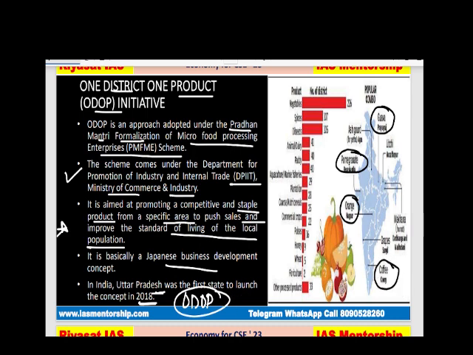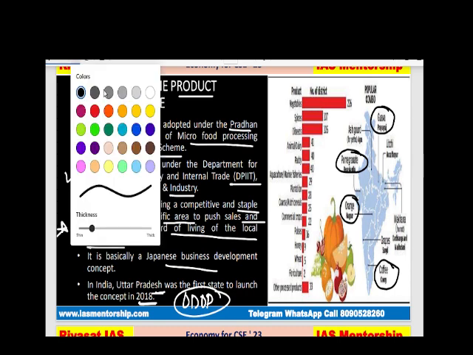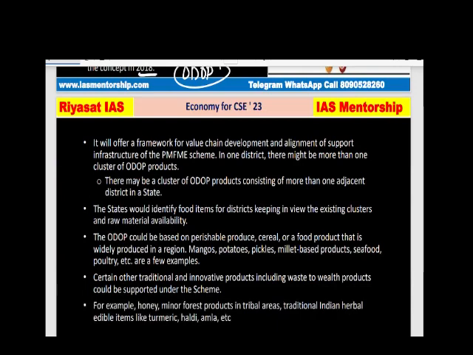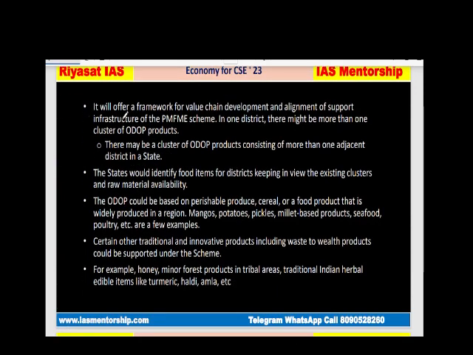All these are one district, one product. Basically, they are trying to find that product which has a very crucial importance in that particular geography, one district, and then they are promoting the growth of it. Also, it will offer a framework for value chain development.